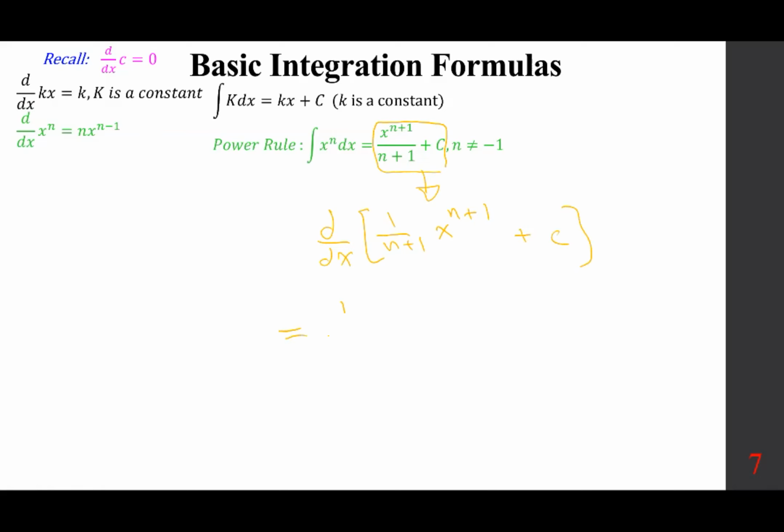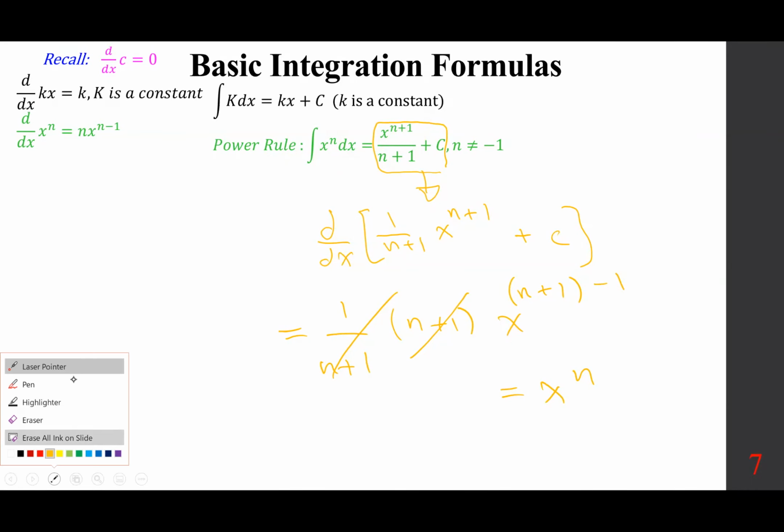So we know the answer is 1 over n plus 1. Then we're going to multiply it by the exponent. And then the exponent, we subtract 1. As you can see, these two cancel each other, and we get x to the power of n. So in essence, we are proving that the integral of x to the power of n dx is x to the power of n plus 1 over n plus 1 by differentiating the right side.